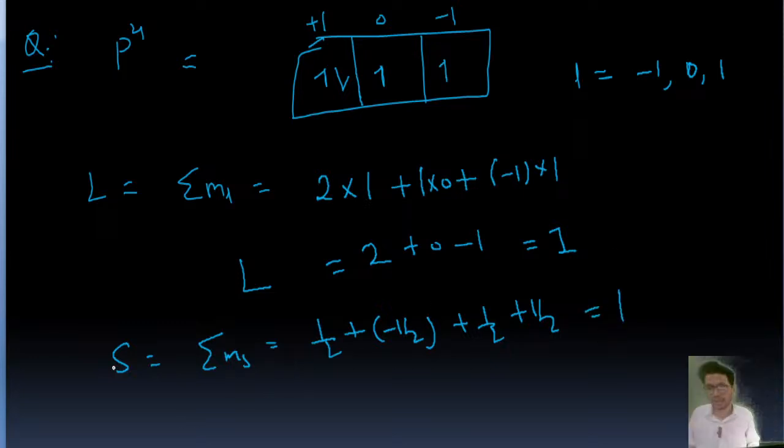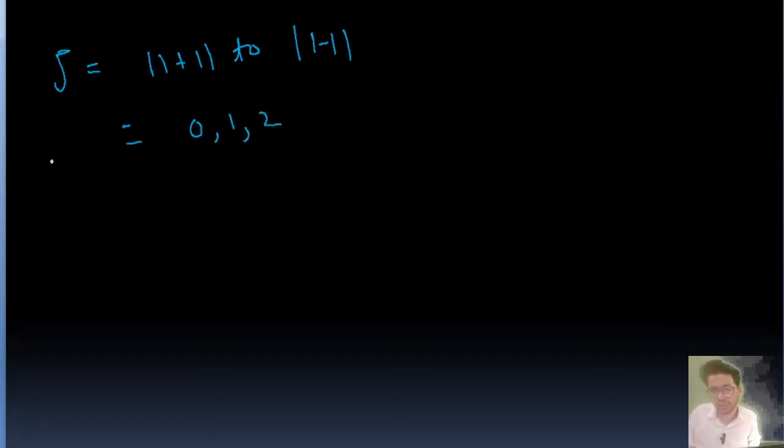And J value, from L and S, J values are going to be 1 plus 1, 2, down to the mod of 1 minus 1, so 2, 1, 0. This is the value of J, right?